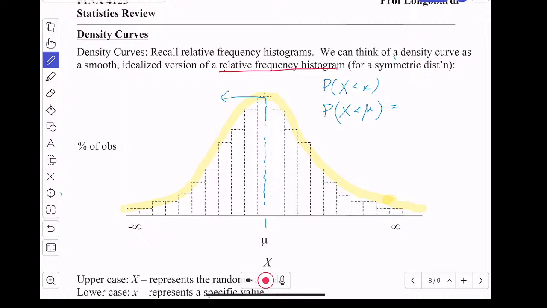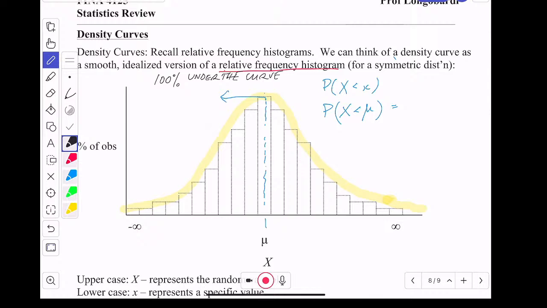So the area under this curve, because it's the percentage of observations, is 100%. We refer to it as 100% of the observations being under the curve. And I'm telling you this is a symmetric distribution, and I'm cutting it in half, saying this is the mean.